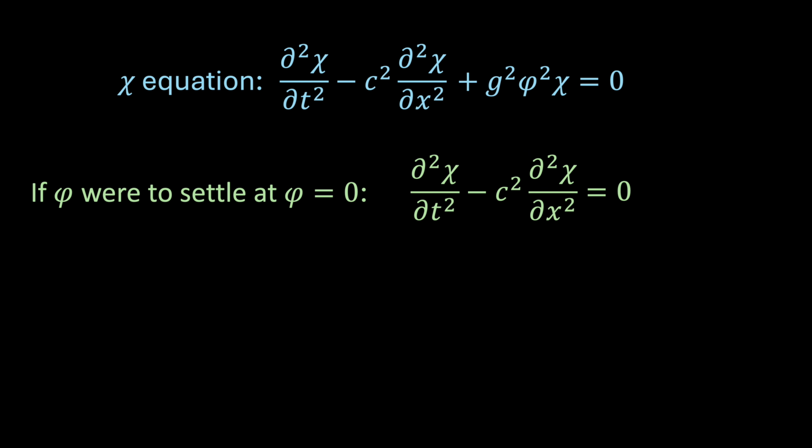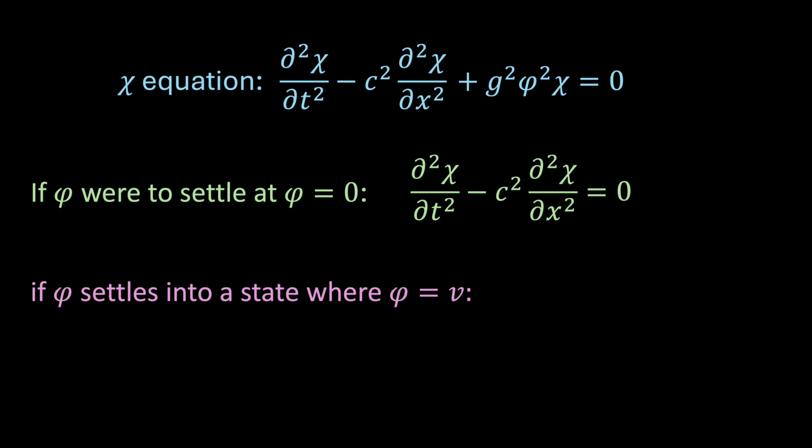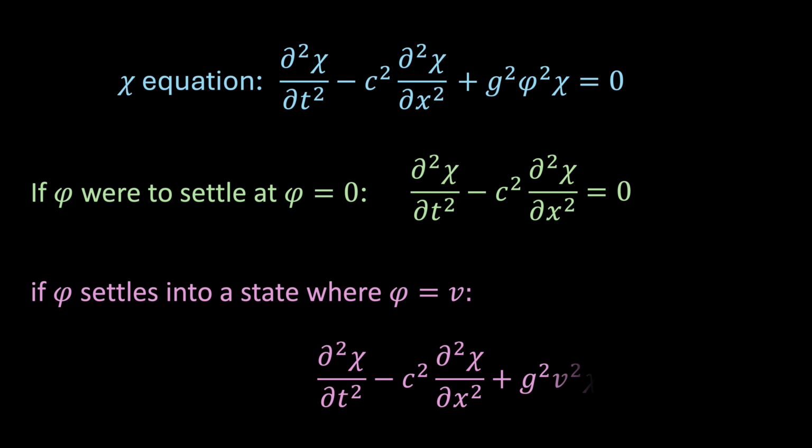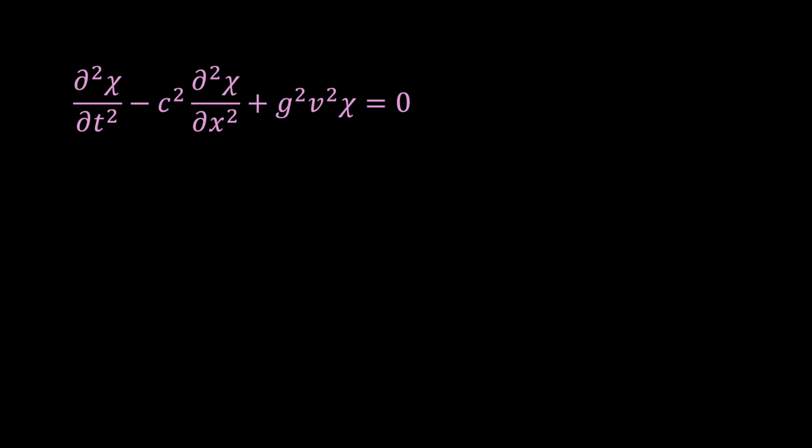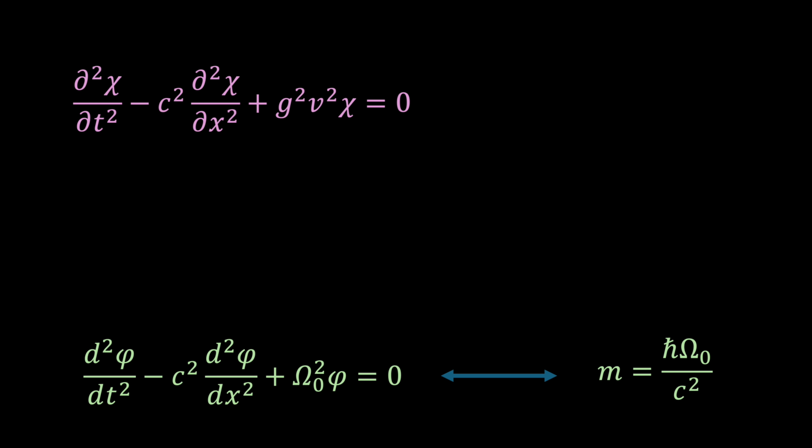By contrast, if phi settles into a state with a non-zero average value v, then the chi equation takes the following form, now containing a term linear in chi with both g and v constant. Now, the structure of this equation should look very familiar. It has exactly the same form as the modified wave equation we explored earlier, corresponding to a field with a quadratic potential and quanta with mass.